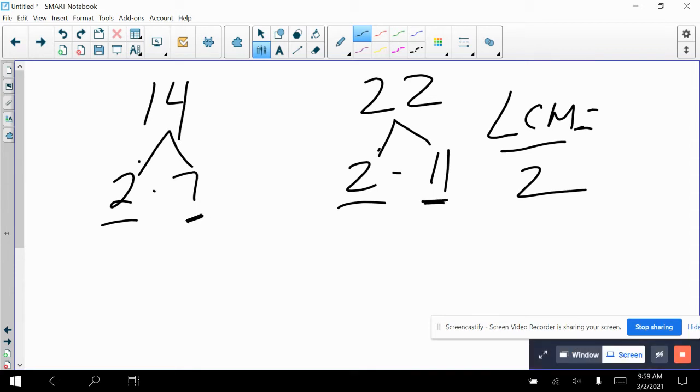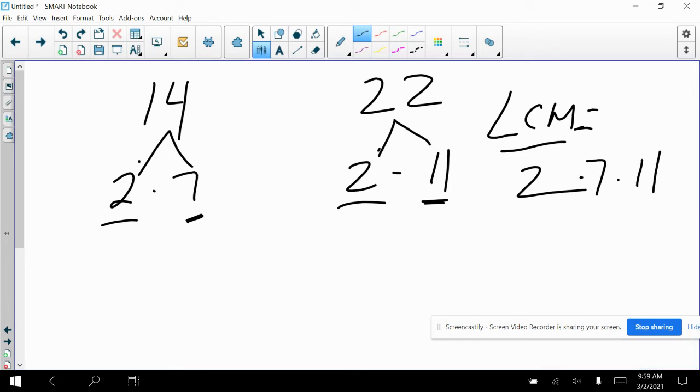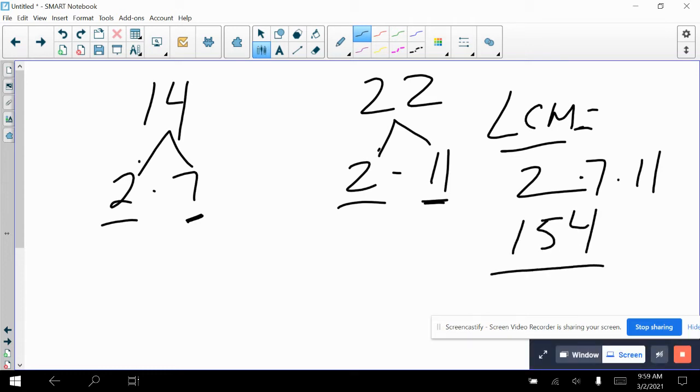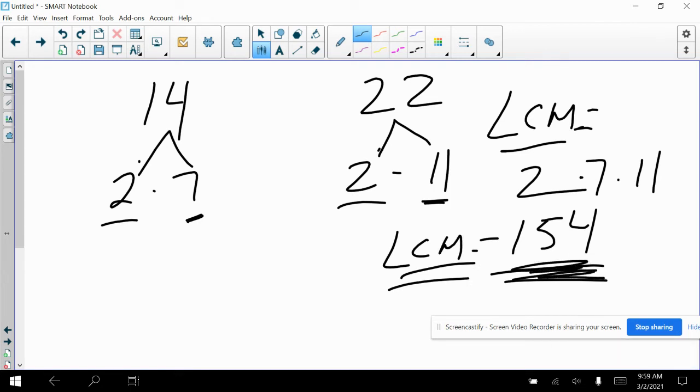We have a 7 in that tree, an 11 in that tree. You multiply them together. Uh-oh. 2 times 7, 14 times 11 is 154. That is the smallest multiple that 14 and 22 can go into evenly.